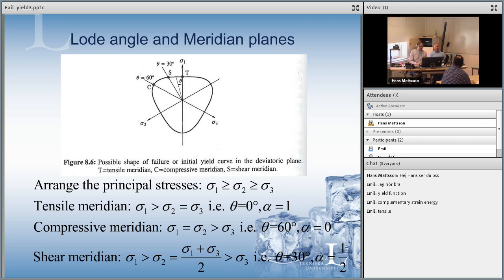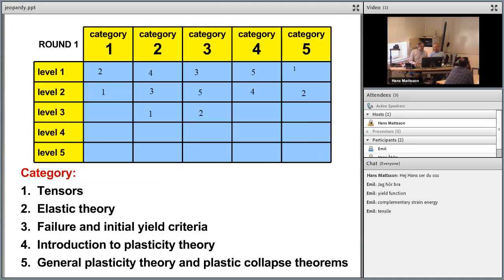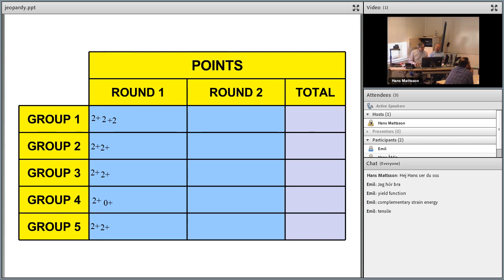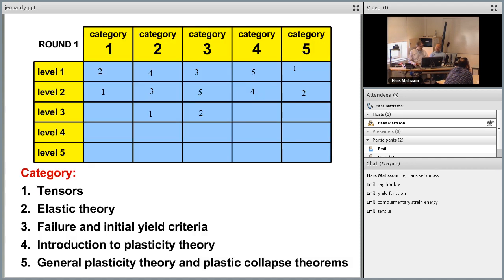Emil is a strong guy. Dark horse in this competition. Group number 3 takes 2 points extra, and group number 2 has 0 points. And then we go to group number 3 that can choose a new question here.